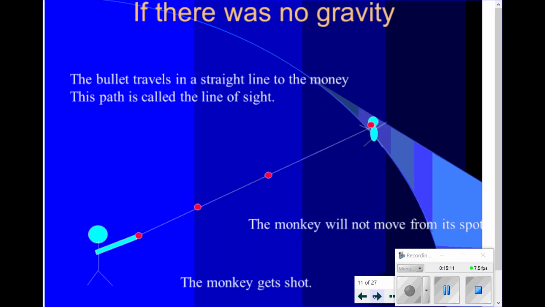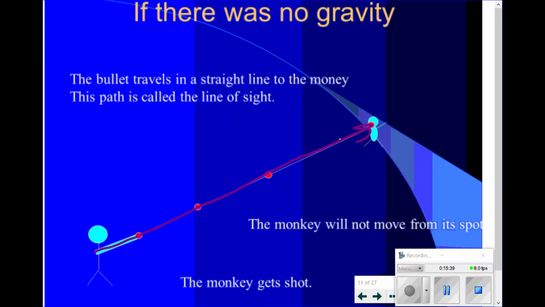You see, this huntsman wasn't very good at their job, and they were thinking as if there was no gravity. And the truth is, if there was no gravity, then that bullet would travel in a straight line as the rifle was pointing because of the law of inertia. The gun gives the bullet a velocity which has a speed and a direction.